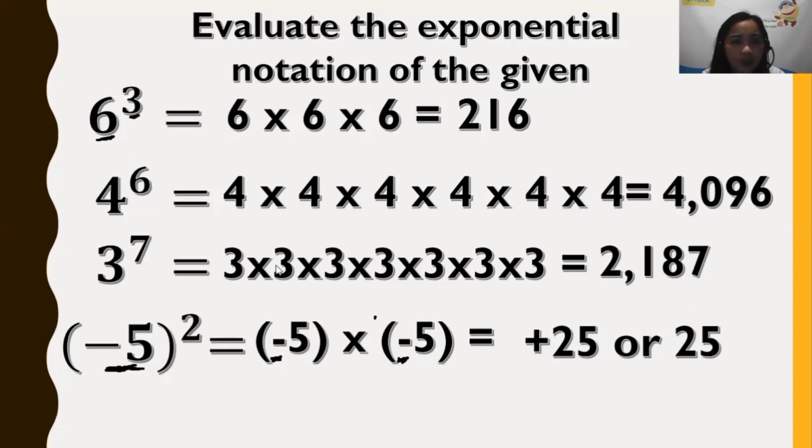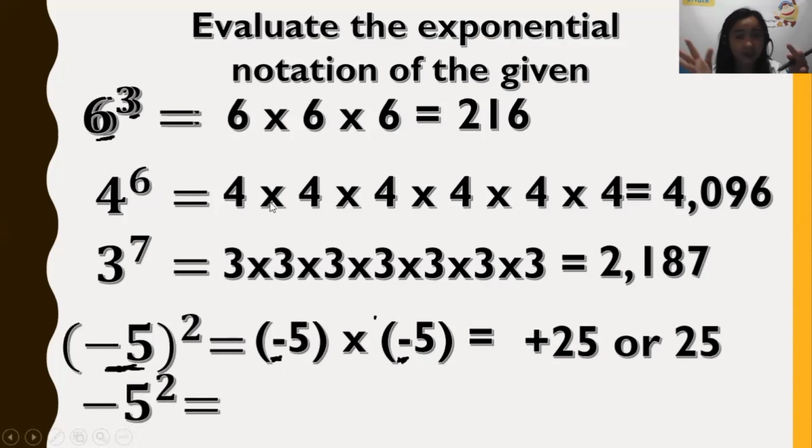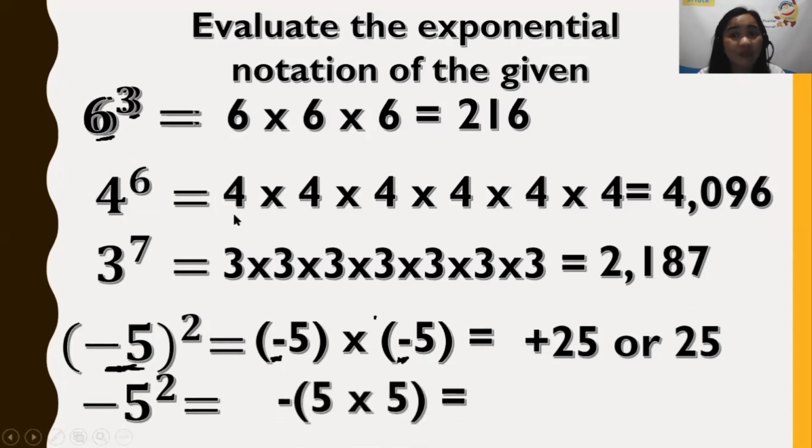What if the given is like this one? Negative 5 squared. Ano nga pansin nyo? Wala na siyang parentheses. So if wala na siyang parentheses, ang magiging base na lang natin dito ay positive 5. Hindi kasama si negative sign.